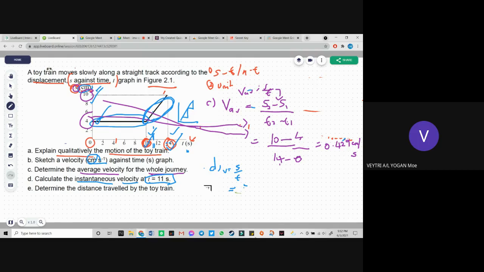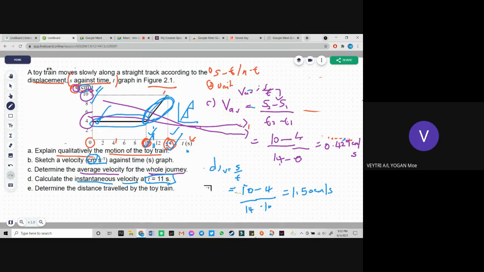Alright? So, untuk S anda boleh guna 10 tolak 4 bahagi dengan 14 tolak 10. Here you will get the answer of macam tadi 1.5 cm per second. Okay?